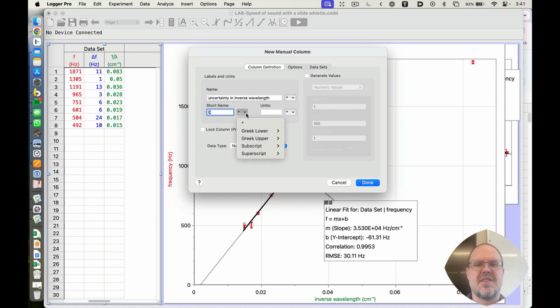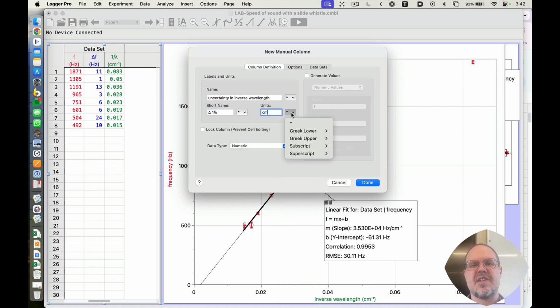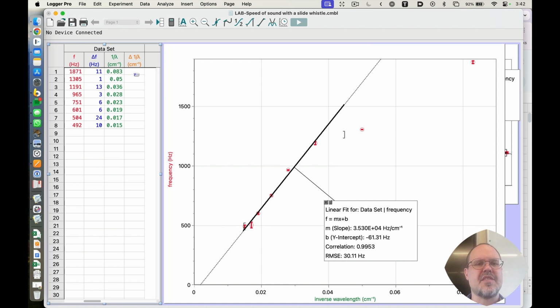Then it's going to be Delta, Greek letter Delta, 1 over lambda. Where's the little lambda? There it is. And our units are going to again be centimeters to the minus 1. I'm going to paste in the values. I've already copied these because I knew what I was doing.